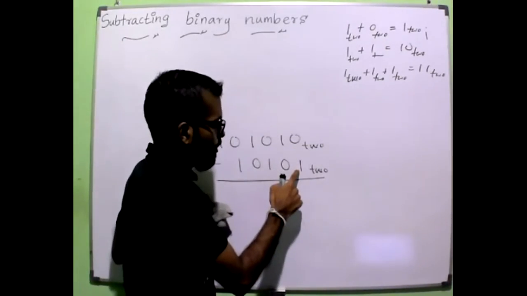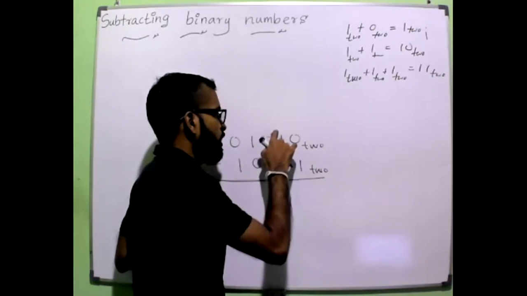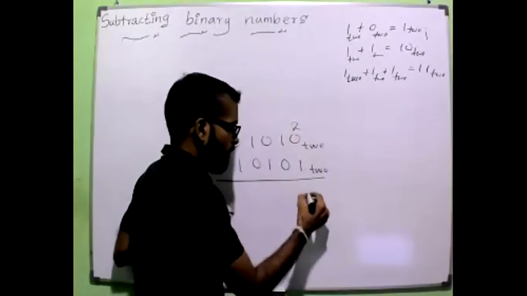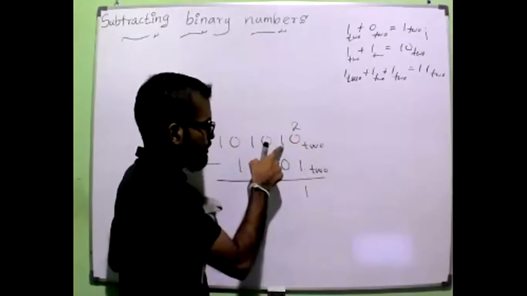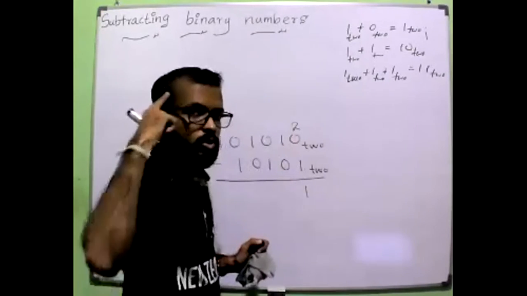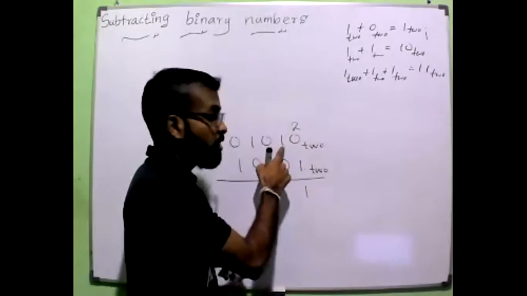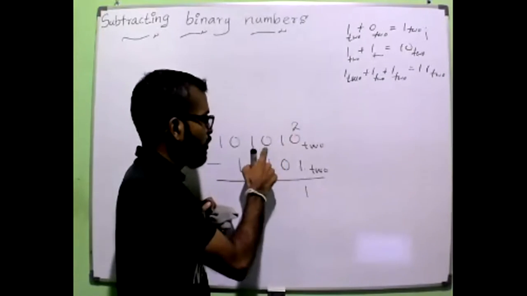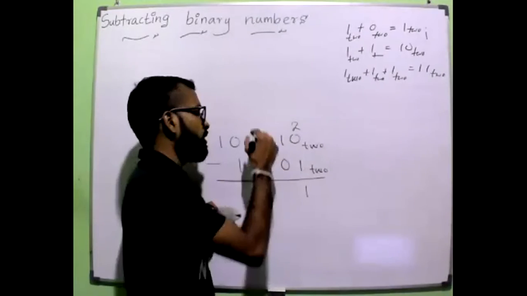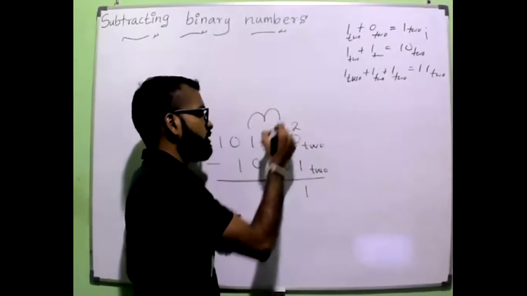0 minus 1. You cannot do that. Take this 1 from here, it becomes 2. 2 minus 1, 1. Now this is 0, right? In your mind, you need to store that. This is 0 now. You have two zeros, but here you have 1. Now you know the pattern. Jump twice.